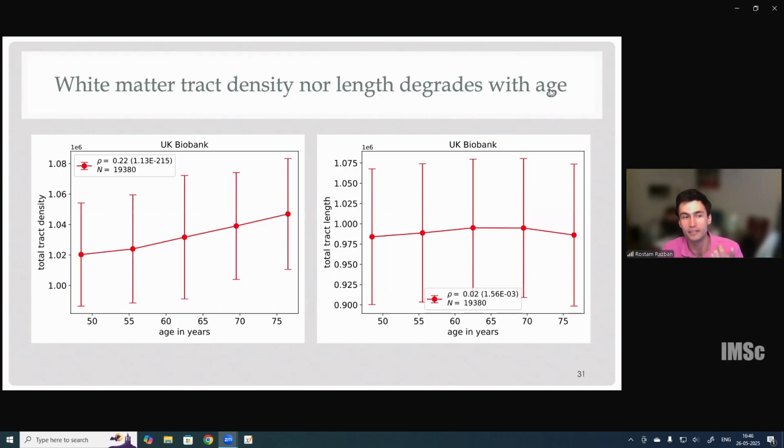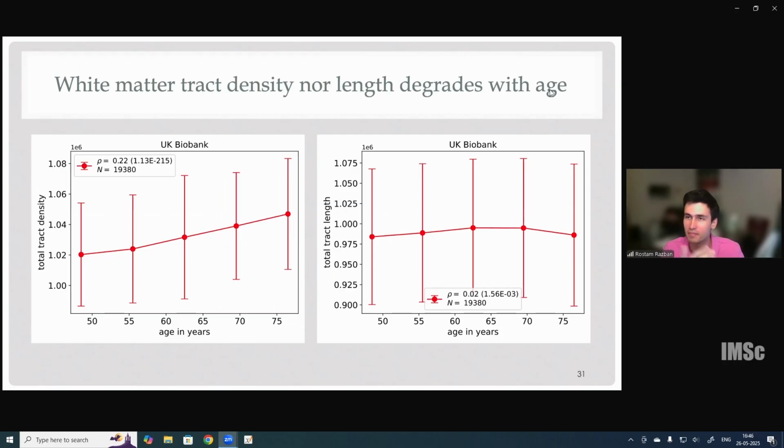When we look at the total width of all the tracks combined, the total track density, or the total track length, so just adding up all the tracks together and seeing how much length they take up, again we don't see anything very conclusive. Interestingly, if anything, we see opposite trends than what we would expect. For older people, their track density actually increases, which is not consistent with the volume data I was demonstrating two slides ago.